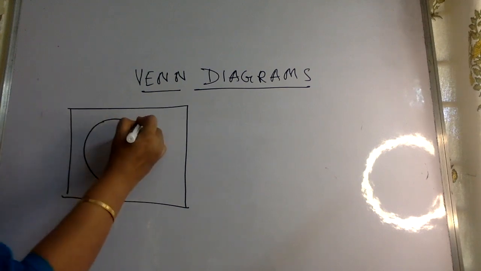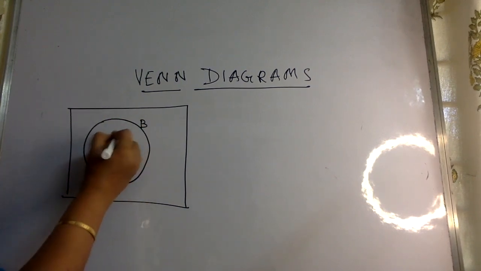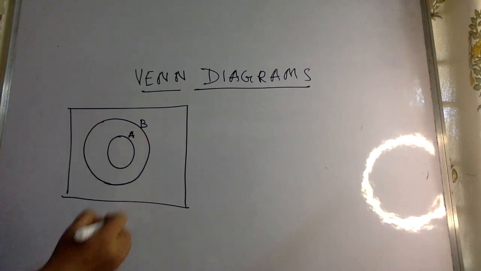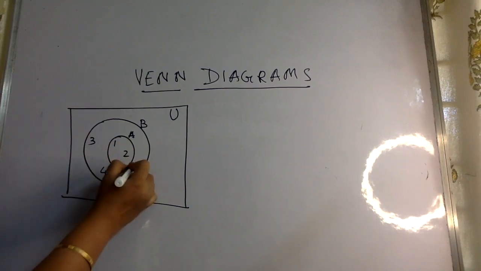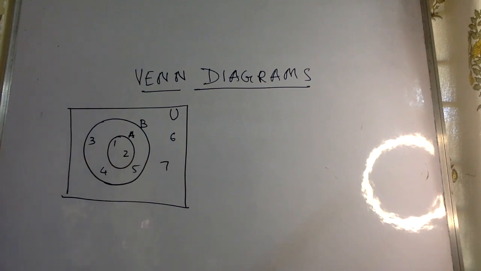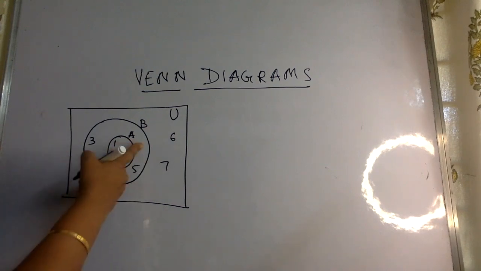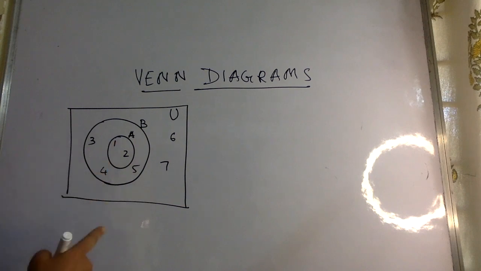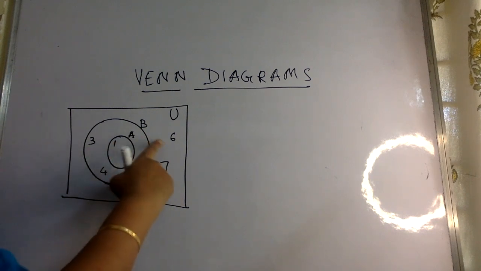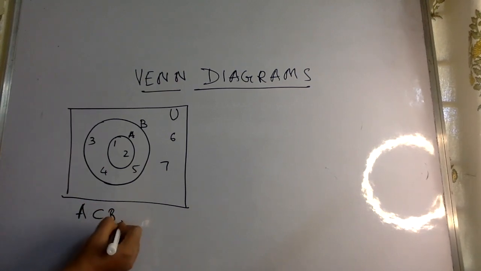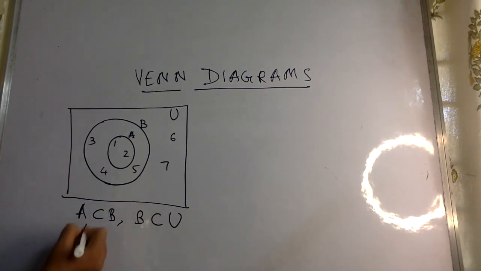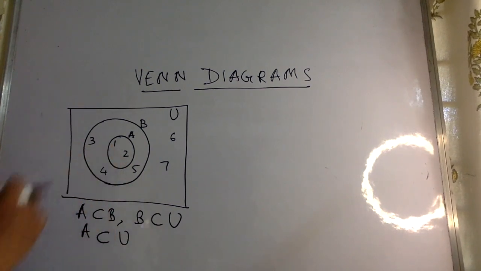If I make a set B and then I make a set A inside it, and this is the universal set, then if I write 1, 2, 3, 4, 5, 6 and 7, A is a subset of B and B is a subset of the universal set. Remember, A is also a subset of the universal set. So this is how we represent it.